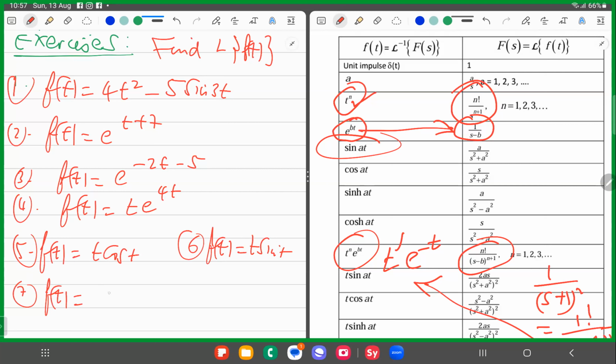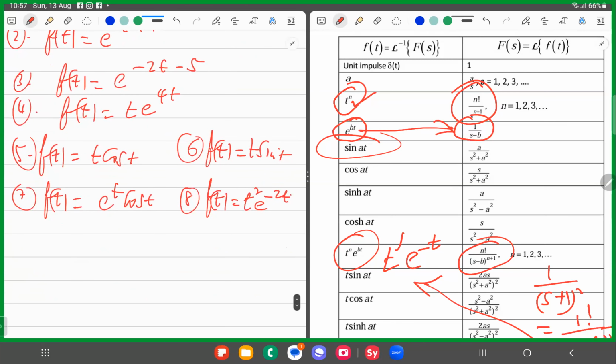F of t is e to the t cosine t. F of t is t squared.